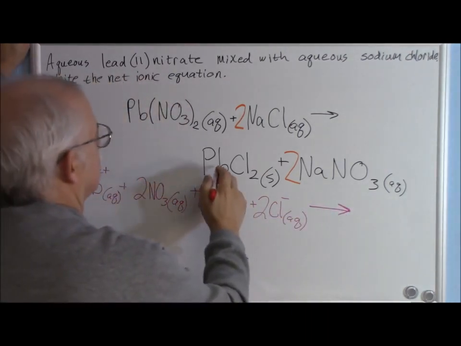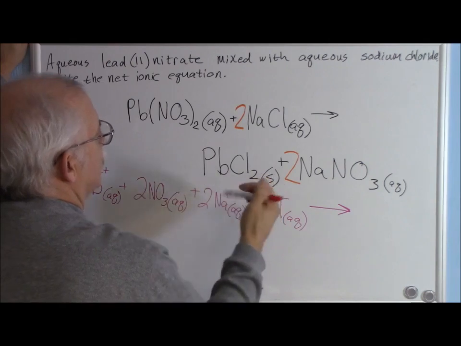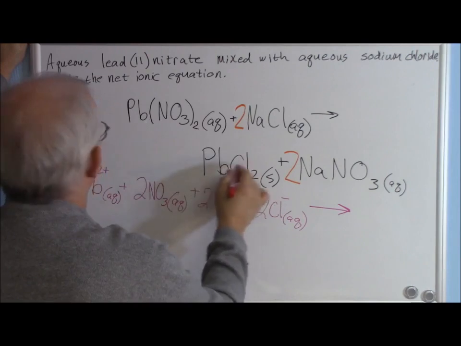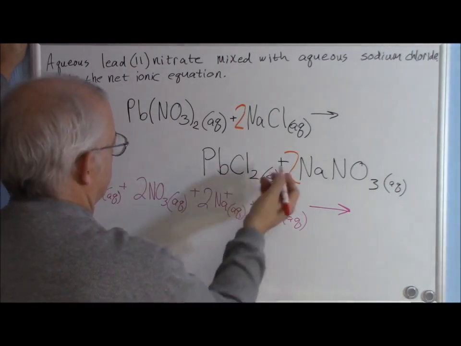will give us lead chloride. Well, that's a solid, so it's not aqueous. So it will be a precipitate. So we don't want to break it up into its ions because it will not be aqueous.